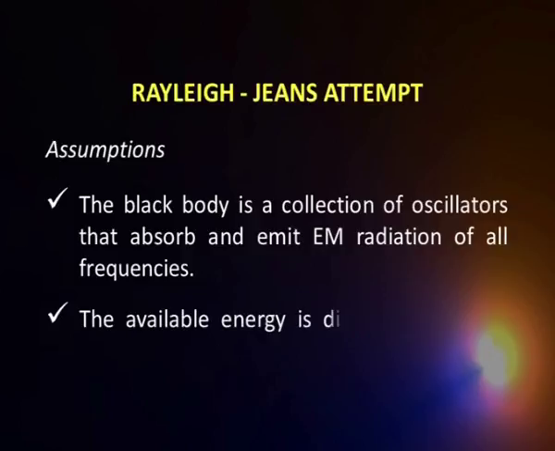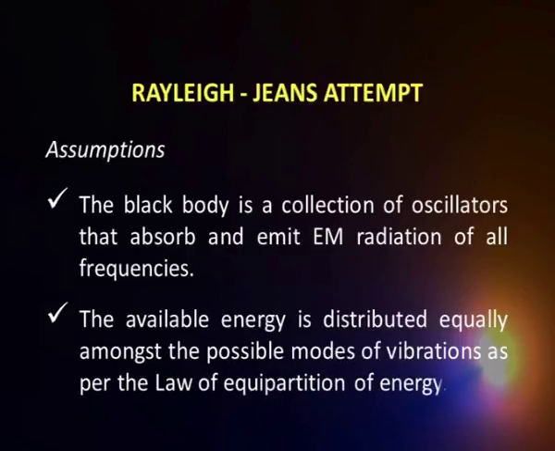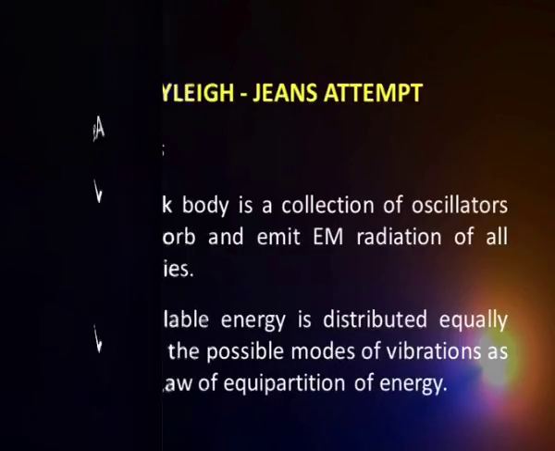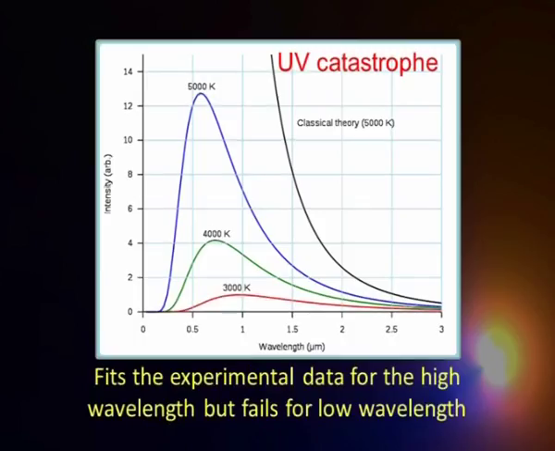The second assumption was that the total energy available to the system is distributed amongst all possible oscillators. On the basis of these two assumptions, Lord Rayleigh formulated an expression that was in reasonable agreement with the high wavelength region of the black body spectrum.